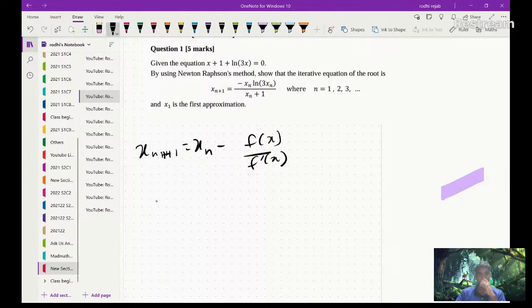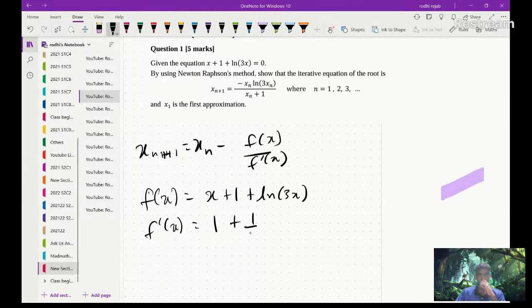In this situation, our f(x) would be x plus 1 plus ln 3x. If we differentiate this, x will become 1, the 1 will disappear, and ln 3x gives 1 over 3x times 3, which is 1 over x. So f'(x) is 1 plus 1 over x.